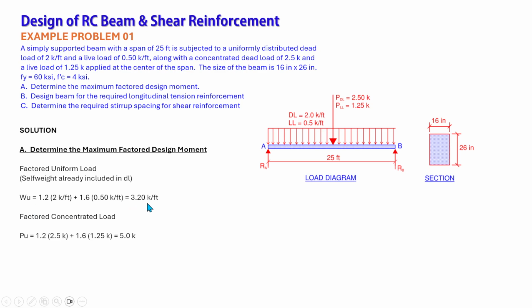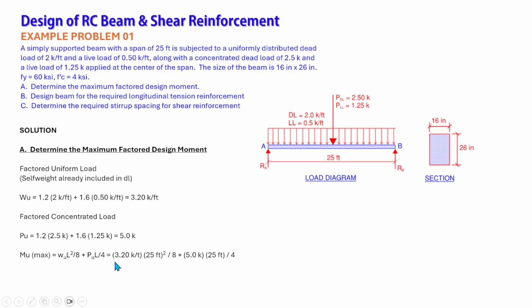So we have already determined the uniform load and the concentrated load, so we can now proceed to calculate the required maximum factored moment. The factored moment in total is equal to WL squared over 8 plus PL over 4. This first term is for the uniform load and this one is for the concentrated load.